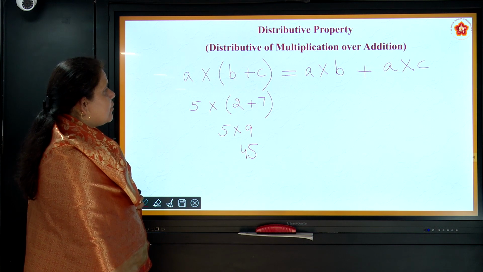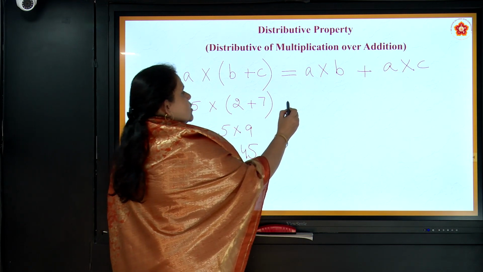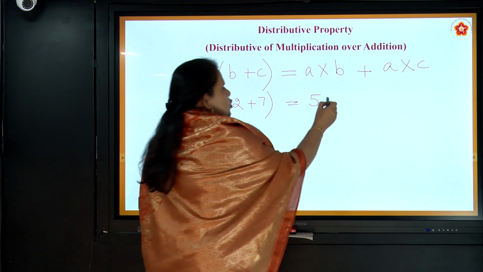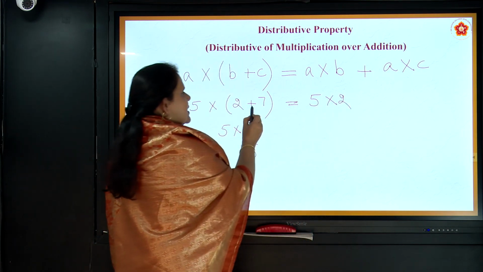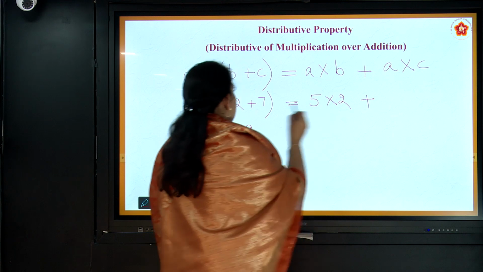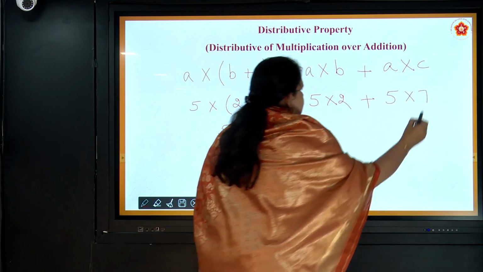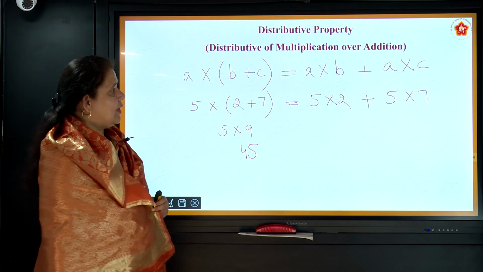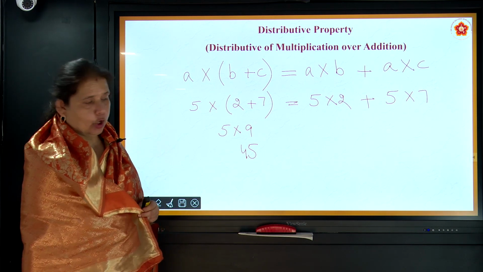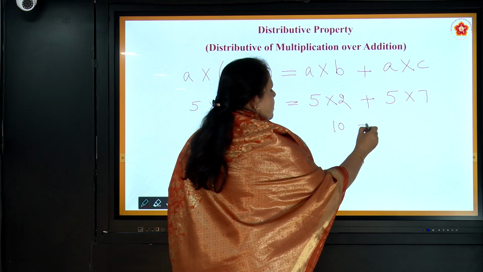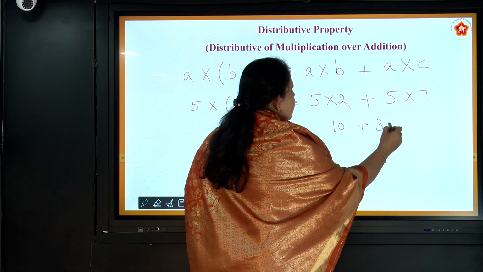Now, instead of writing it in this way, we can open the bracket. It will be 5 multiplied by 2. There is an addition sign in between. 5 multiplied by 7. Let's see whether we get the same answer 45 or not. 5 2s are 10 plus 5 7s are 35.